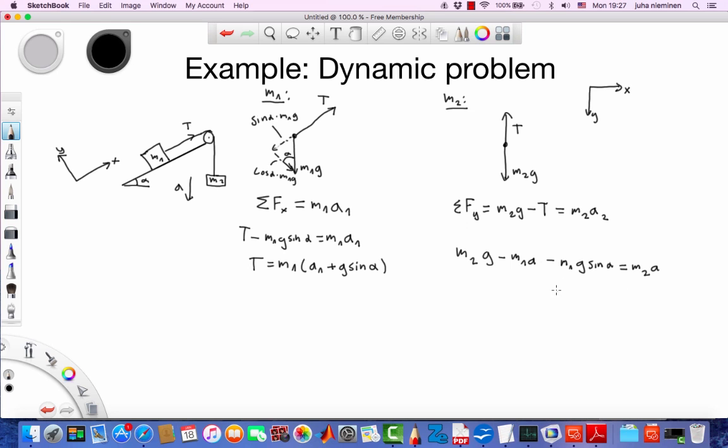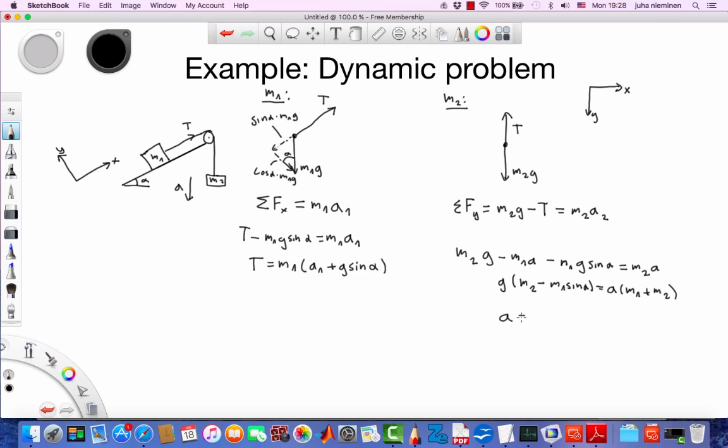So now we can combine some terms here. g times m2 minus m1 sine alpha, and then we take this one to the other side. We have a times m1 plus m2.